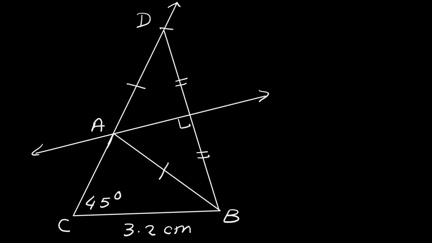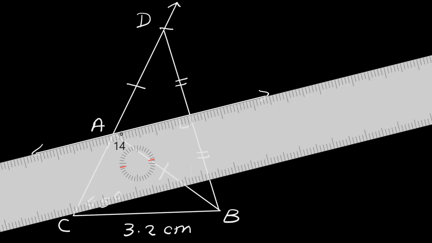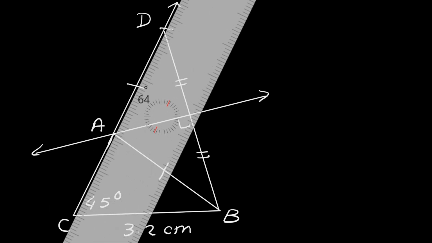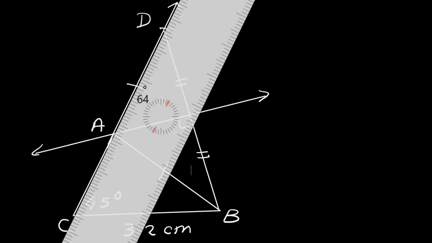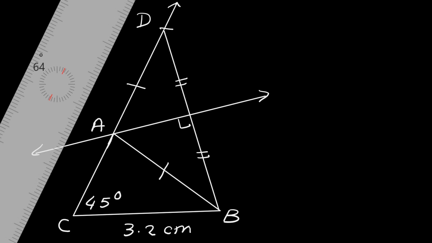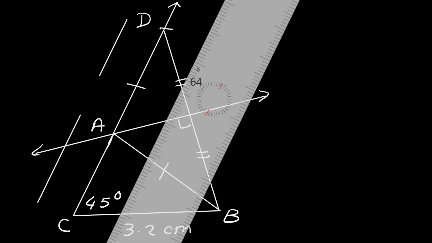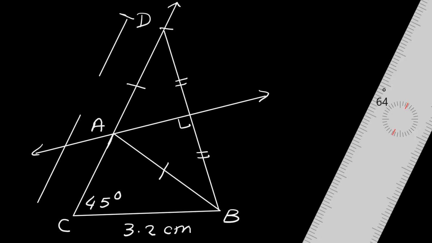Now what is length DC? 3.2 centimeters. DC. What is length DC? 6.8 centimeters.